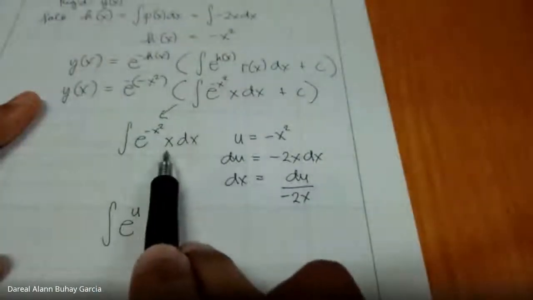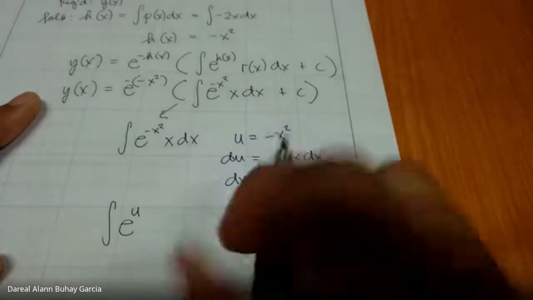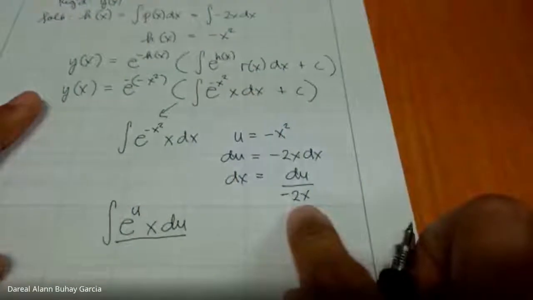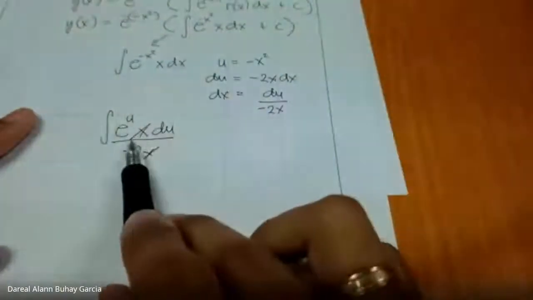So this becomes the integral of e to the power of u, dx is du over negative 2x. Okay, so cancel out si x. So it's just e to the u du.